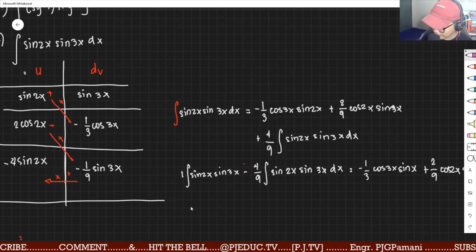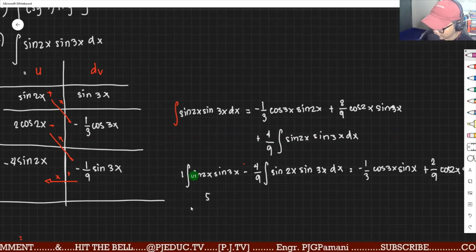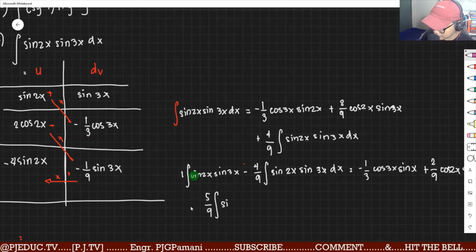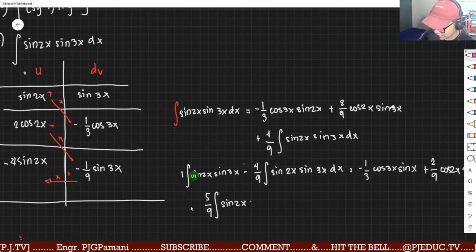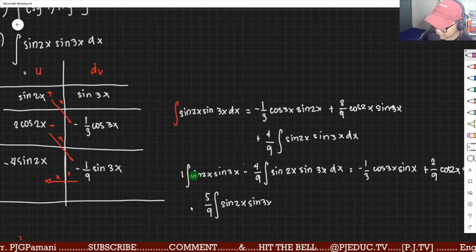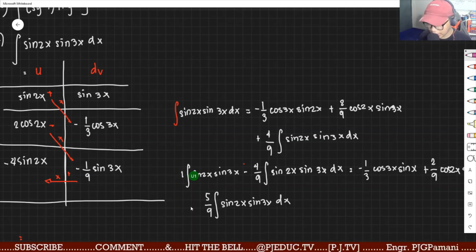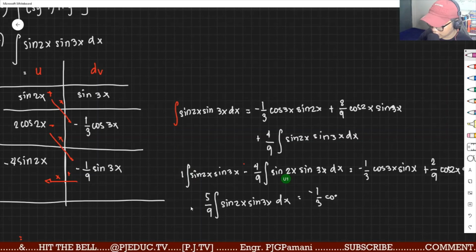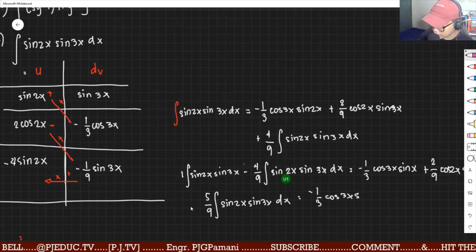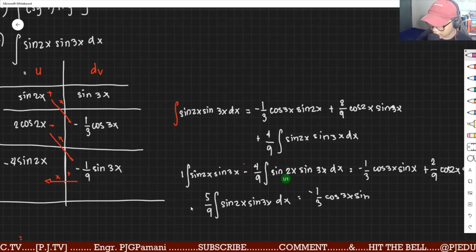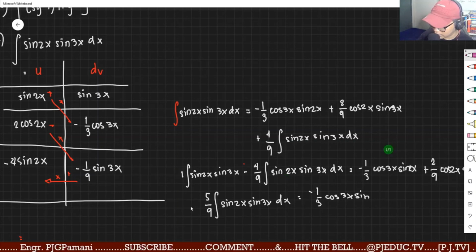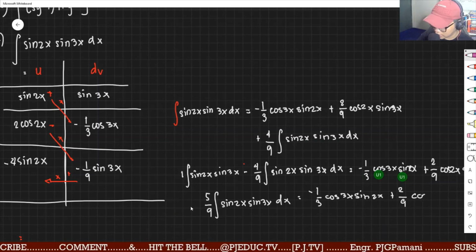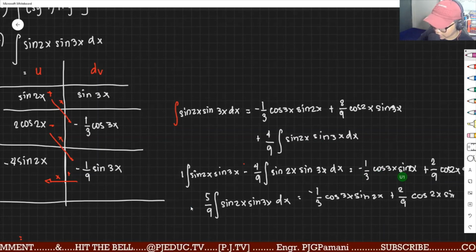That is 5 over 9 integral of sine 2x and sine 3x dx equal to negative 1/3 of cosine 3x and sine 2x plus 2/9 of cosine 2x times sine 3x.